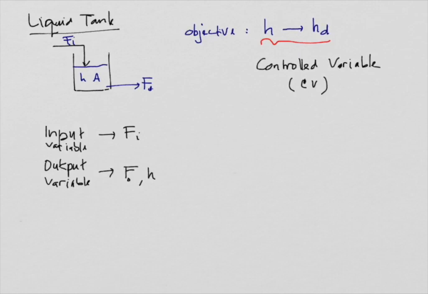Okay, H, the level of liquid in the tank. That is the output variable. Here we take the H as the control variable. Okay. So we have to identify what is the manipulated variable.